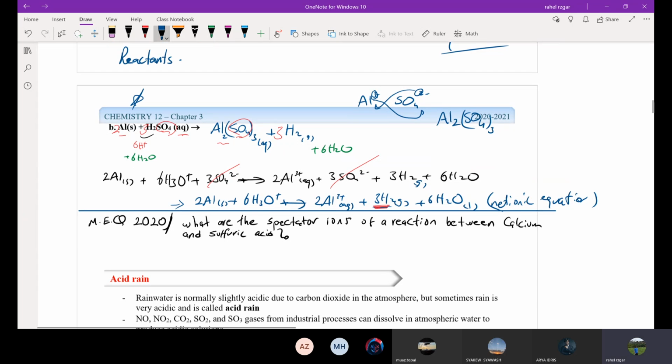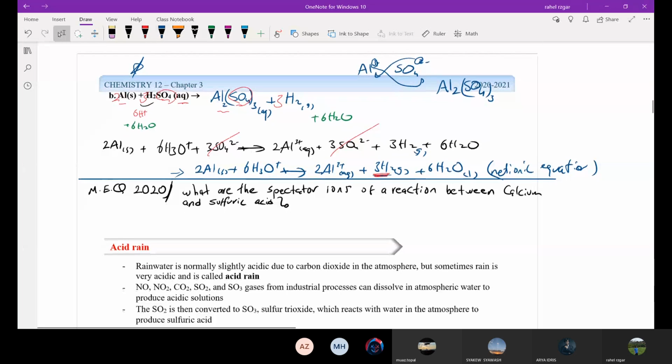For this question, when it says calcium and sulfuric acid, so Ca, calcium metal, of course, with sulfuric acid, which is H2SO4.